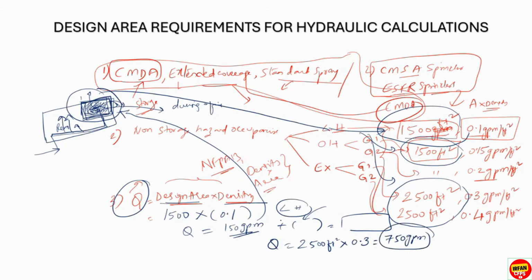See how much difference we are getting here. If you consider light hazard, you are getting 150 GPM requirement, and if you consider extra hazard, you are getting 750 GPM requirement. So the flow is increasing if we increase the hazard classification.